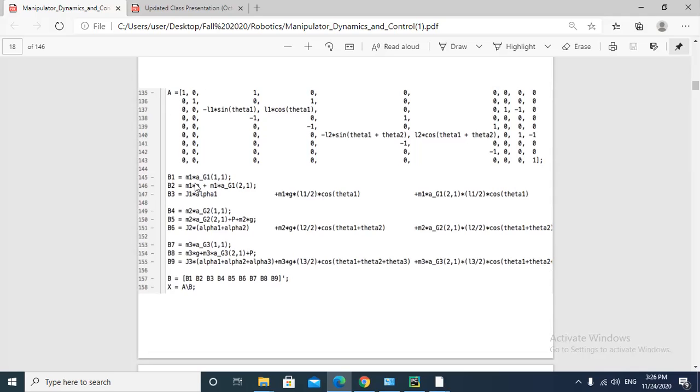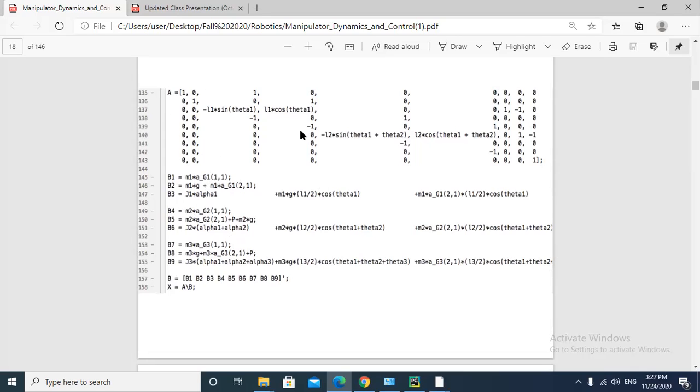After you do the analysis, you'll see that B1 was equal to, so this is the first equation, right? The knowns are on the right side: M1 multiplied by the acceleration of point G1 in the x direction, because this is a vector. That's what we did before. And this is my B2, this is my B3, pretty straightforward.